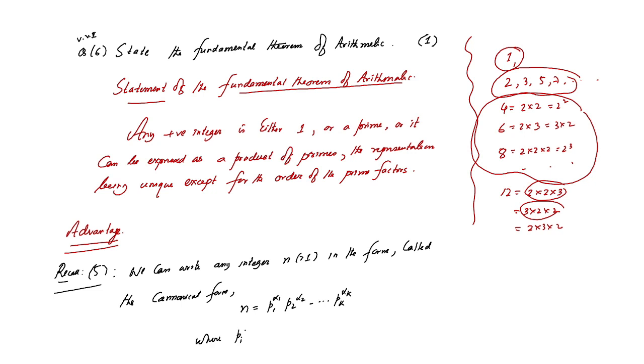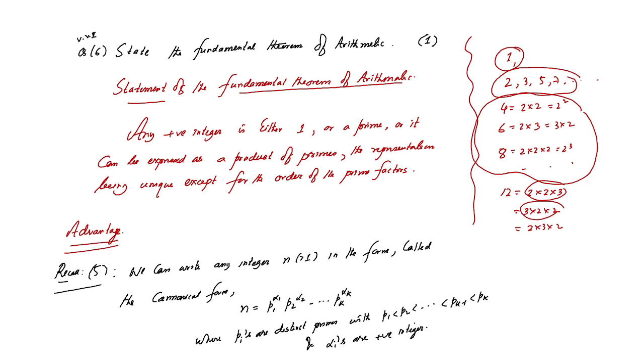where the pi's are distinct primes with p1 less than p2 less than up to pk minus 1 less than pk, and all the exponents, alpha 1, alpha 2 and all the alphas, are positive integers. Okay.